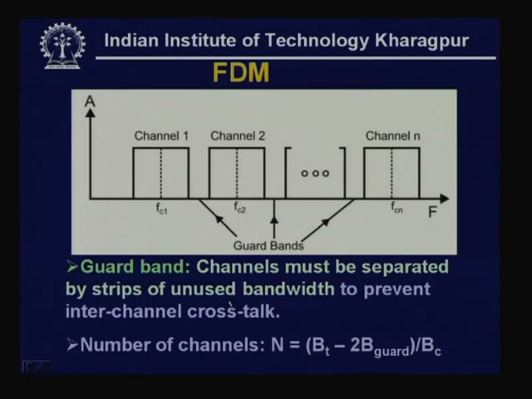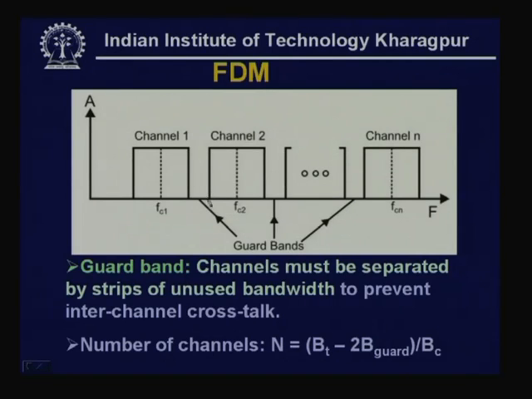Now, we already know that you have to use guard bands in between the frequency bands of a pair of adjacent channels. So, channel 1 and channel 2, these two are adjacent channels. Their carrier frequencies are FC1 and FC2.